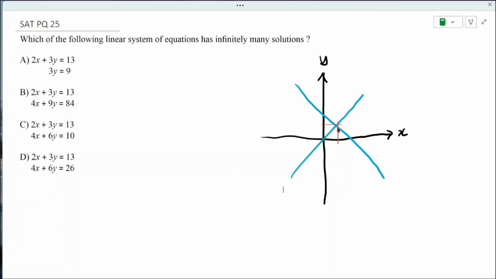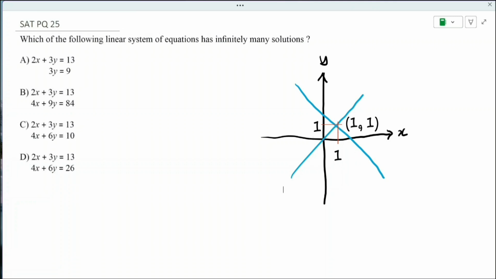So let's say at this point where the two lines meet, you trace it to the x-axis, it lands at x is 1. That means the x value will be 1. And if you trace it to the y-axis, and it also lands on y is 1, then the y value for the answer is 1. So in this case, you have a pair of solution. That means you get the xy pair.